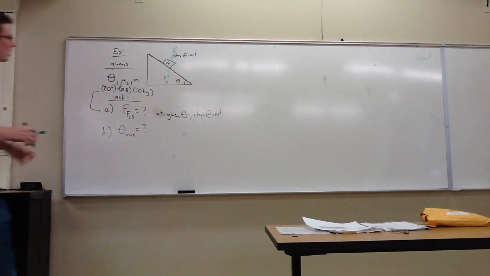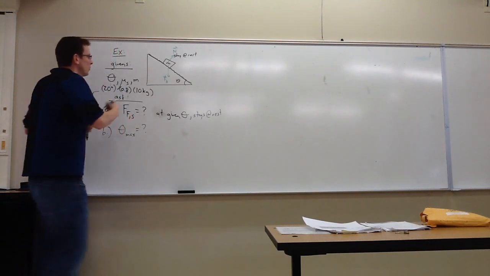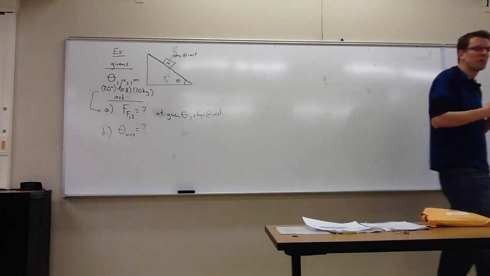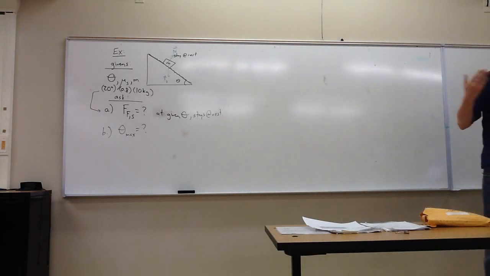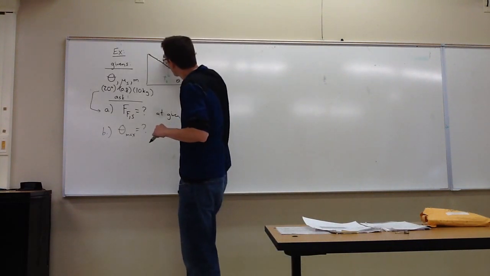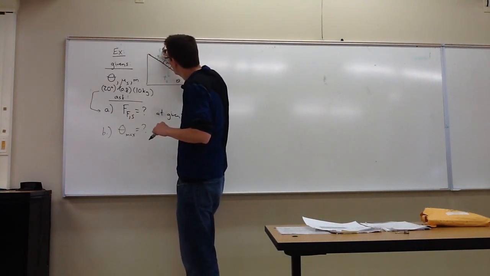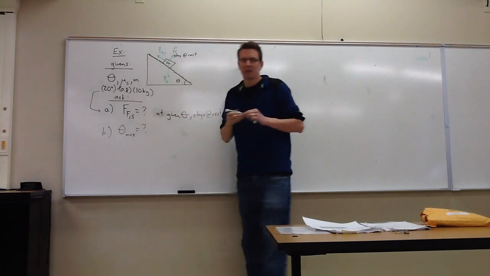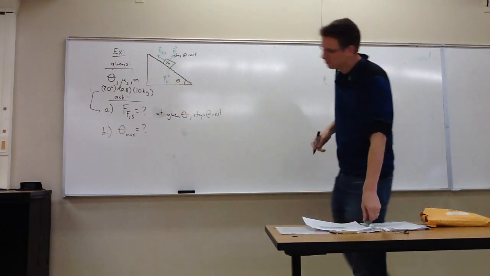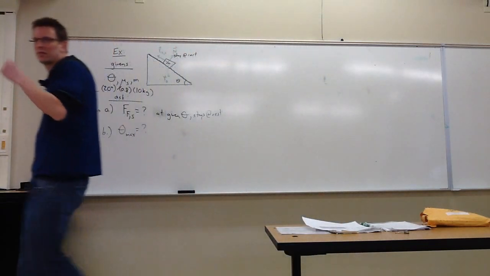We know that the normal force cancels with one component of gravity, and the other component of gravity, which is parallel to the surface, is what causes it to slide. But then the static friction force in this case says, nope, you are not going to slide down. It acts opposite the way it would slide. All right, those are our forces.